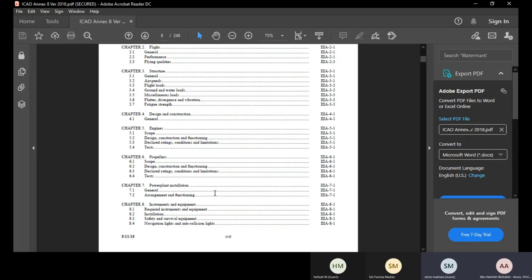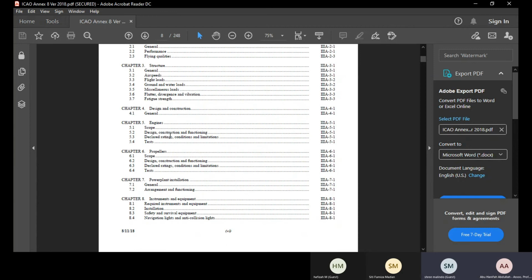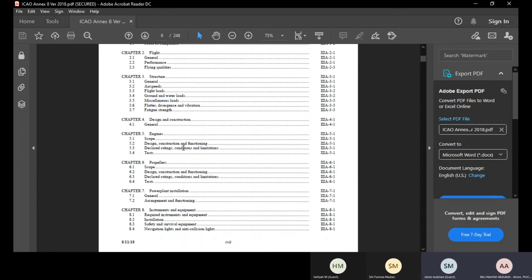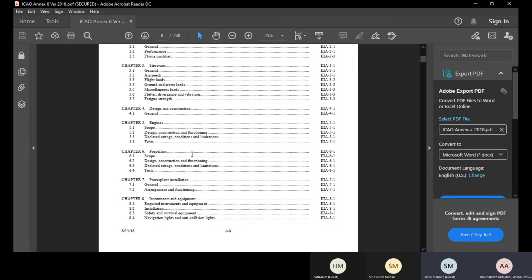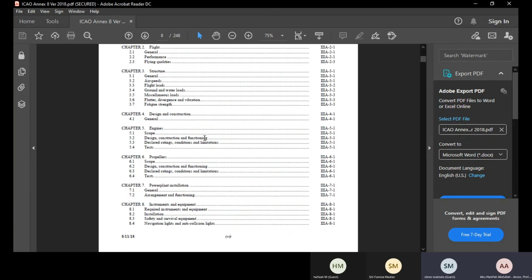Yeah. So, and then there's 11, security, continuing readiness. So all in here, if you want to map again to the CS and FAR, it's slightly different. However, this is the basis. 9 is operating limitation. This is subpart G. Let's just go back.